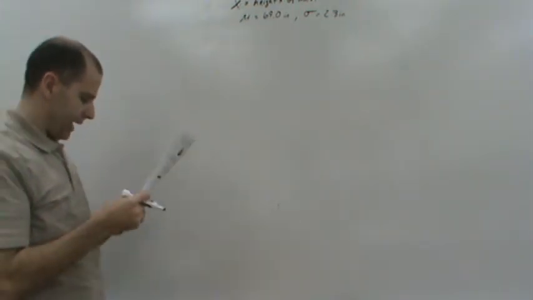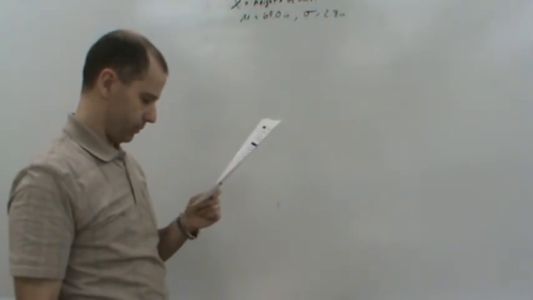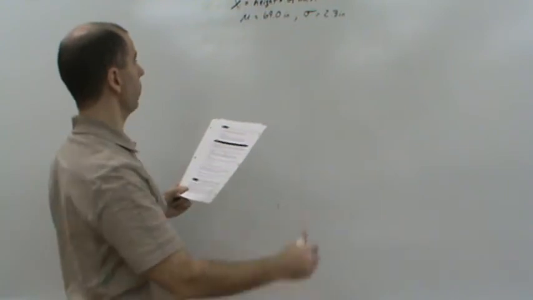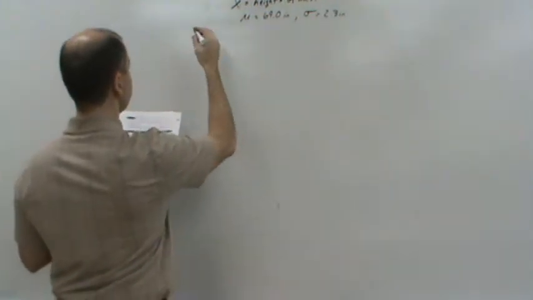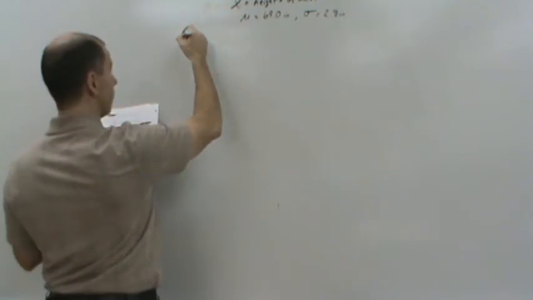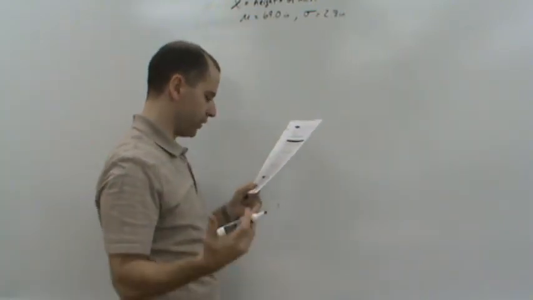It says, A says, what mean doorway height? So of these airlines, the average door height is 72 inches.